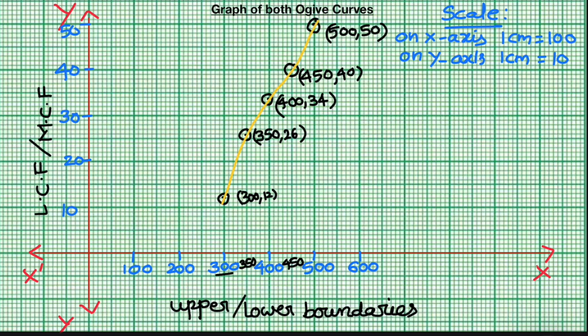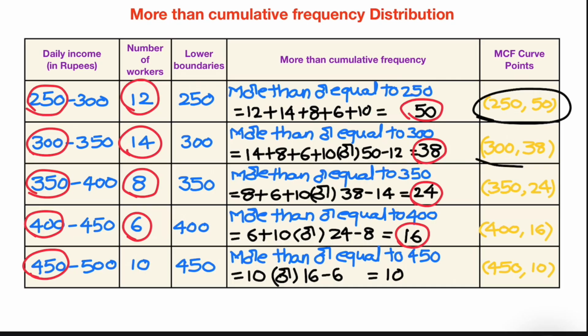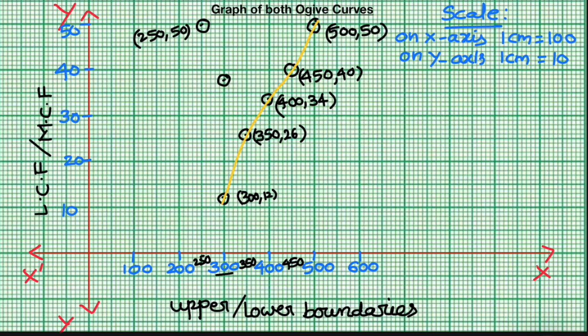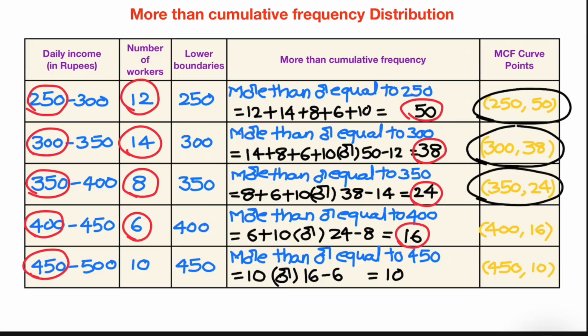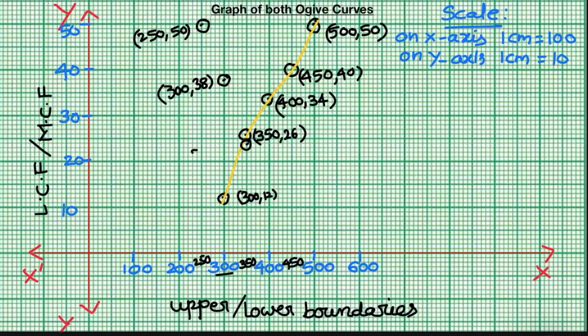Next, I plot all the points of more than type cumulative frequency on the same graph. The points are: first one (250, 50). This point is here. Second point (300, 38). This is here. Next third point (350, 24).